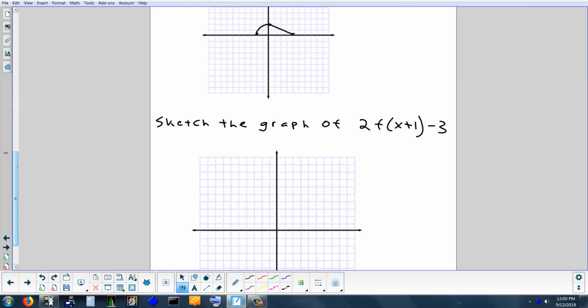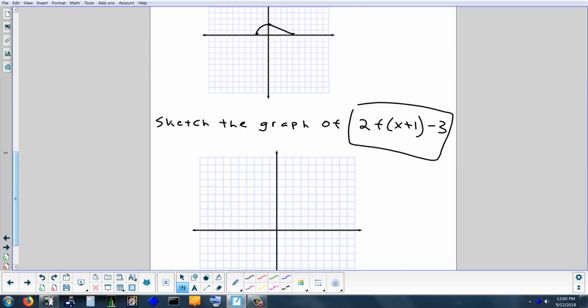What am I asking you to do to the graph up above? Or let's start with how many things am I asking you to do? Yep. You've got to do 3 things.